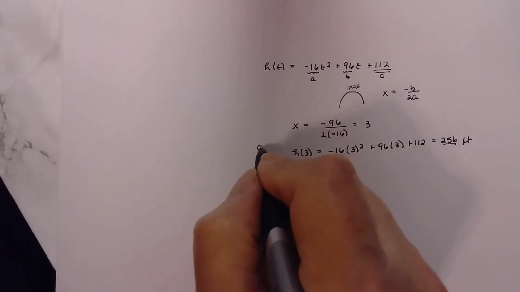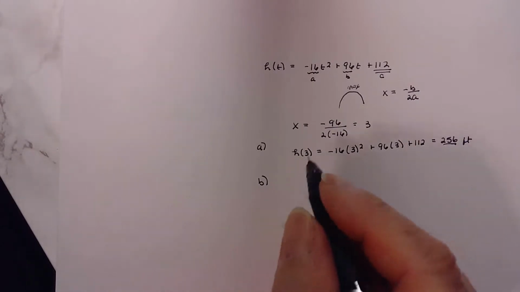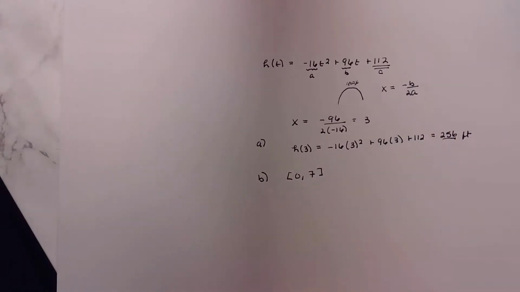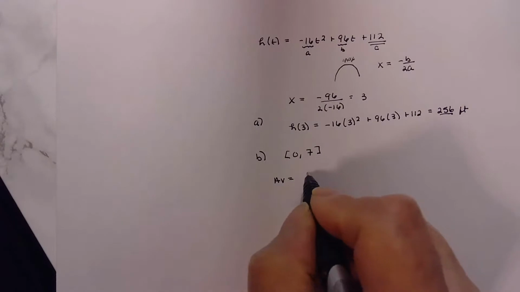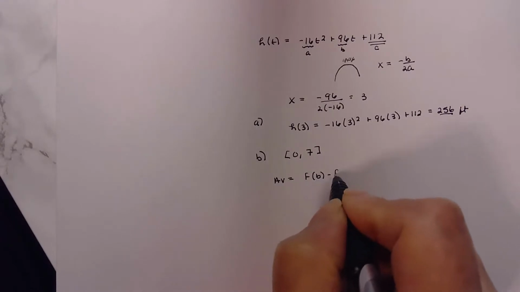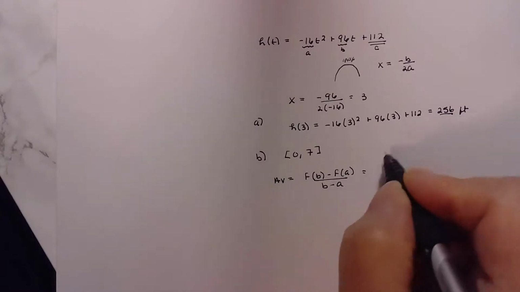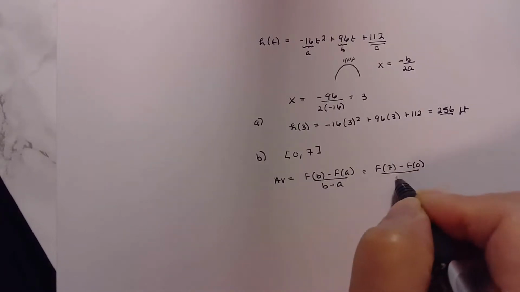That was A. In B, it says to find the average velocity of the ball between 0 and 7. Piece of cake by now, right? We know that the average velocity is f of b minus f of a over b minus a, which is f of 7 minus f of 0 over 7 minus 0.